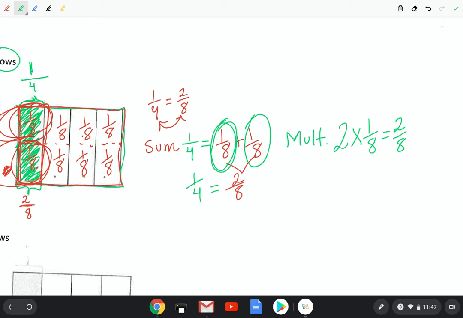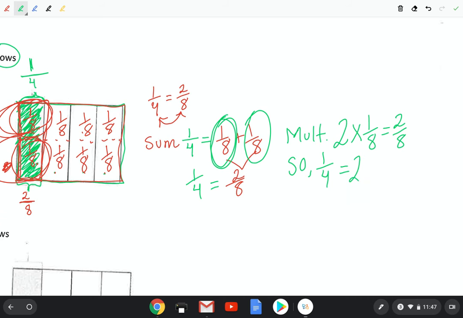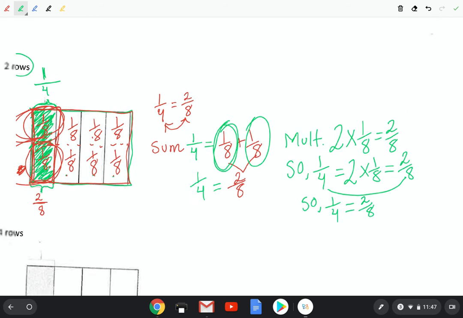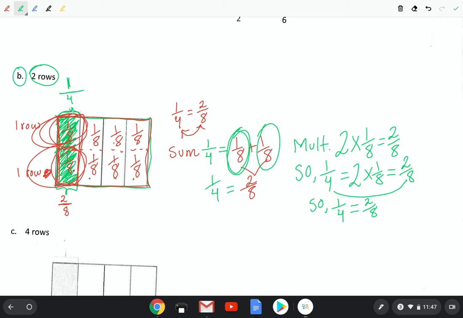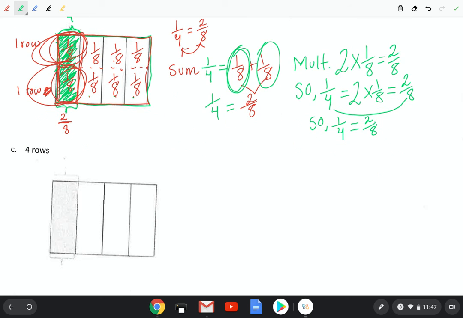So 1/4 is the same as 2 times 1/8, which is the same as 2/8. So 1/4 is equal to 2/8. And that's it. That would be it for number 1.